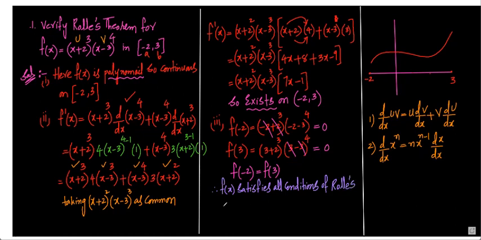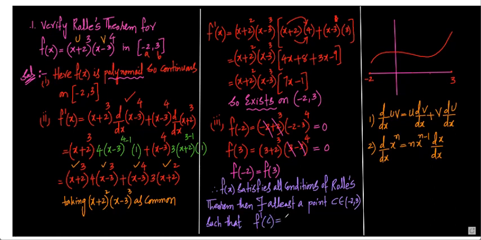All conditions of Rolle's theorem, then there exists a point, at least a point, we also write, there exists at least a point c belongs to the interval here, minus 2 comma 3, such that f dash of c is equal to 0.